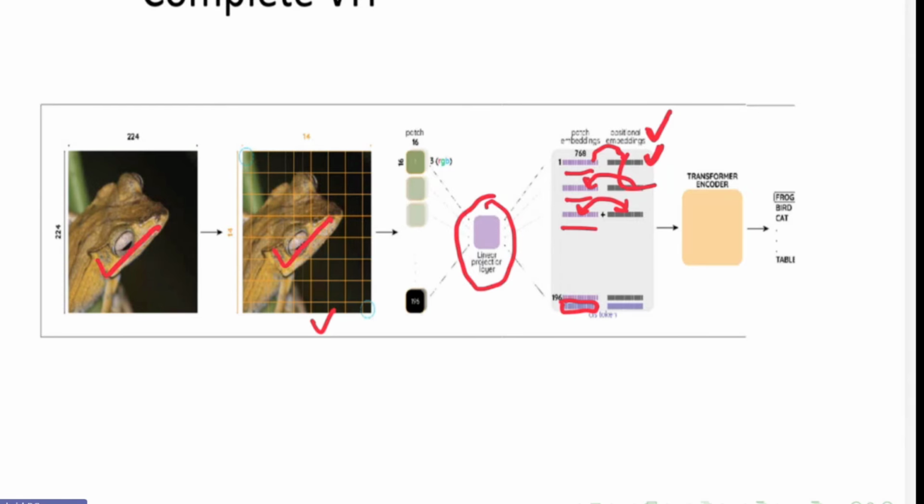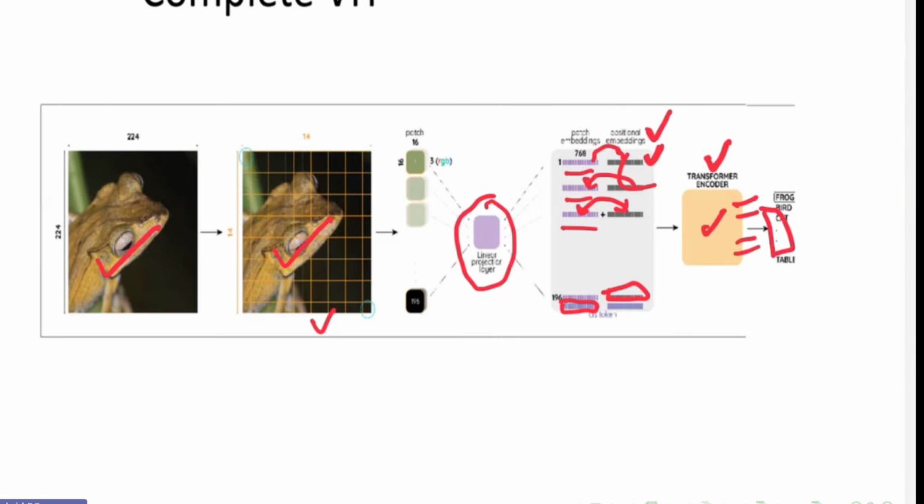So now you can use the transformer encoder. This block is similar to the previous one. Here again you will have all those layers: self-attention, multi-head attention, add and normalization, fully connected, everything. At the end, whatever refined features you get, you can aggregate them, or just take the CLS token, because it has the aggregate information.